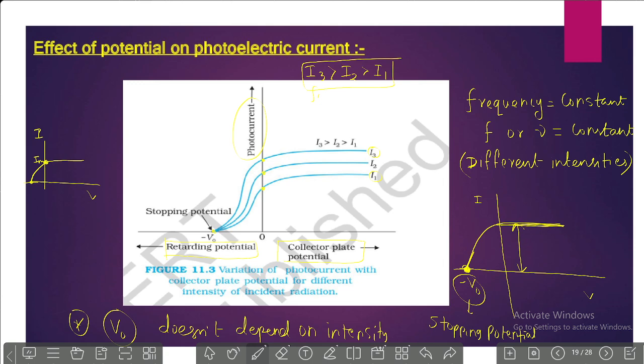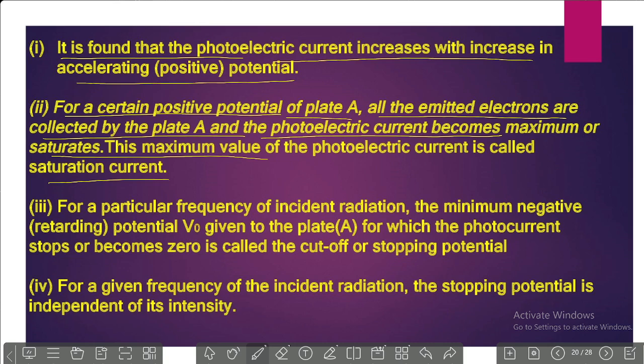So if you increase the accelerating potential, photocurrent increases and becomes saturated, constant. At maximum it attains a maximum value and becomes constant. And for different intensity, different saturation current is coming.